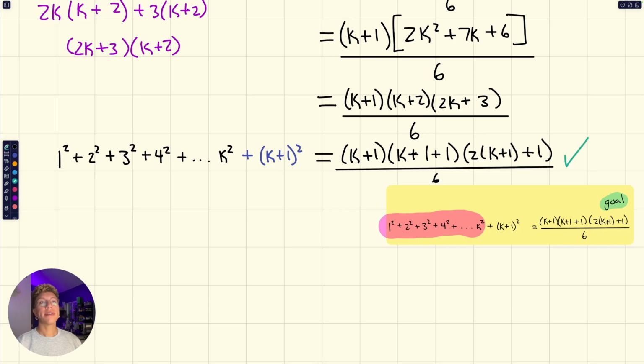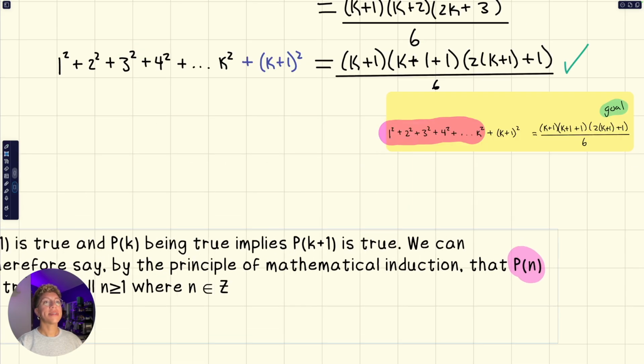So we've now proven that whenever our assumption case is true, if we modify it using the rules of algebra, it gives us our consecutive case to also be true. And so by mathematical induction, our base case is true, and our k plus 1 case is true whenever our k case is true. And so just like before, we can pull in that statement and summarize all this work.